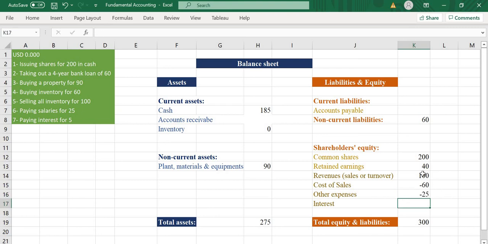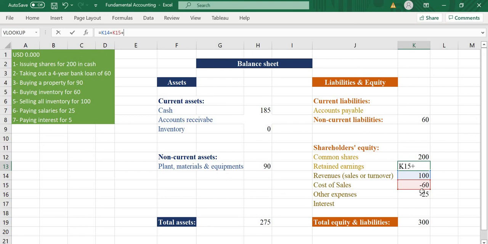And we calculate again: for every buying or selling activity, we always take into account the revenues, cost of sales, cost of goods sold, expenses, and all other expenses to calculate again the retained earnings.